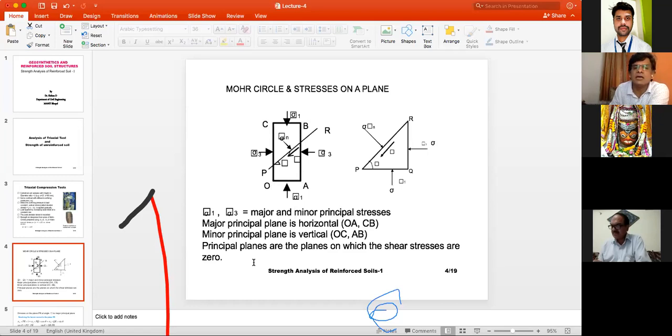What is a principal plane? Principal planes are the planes on which the shear stresses are 0. Got it? I'll come back to this sentence in the next slide.